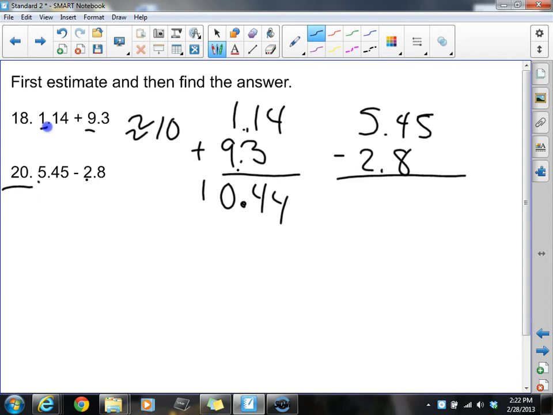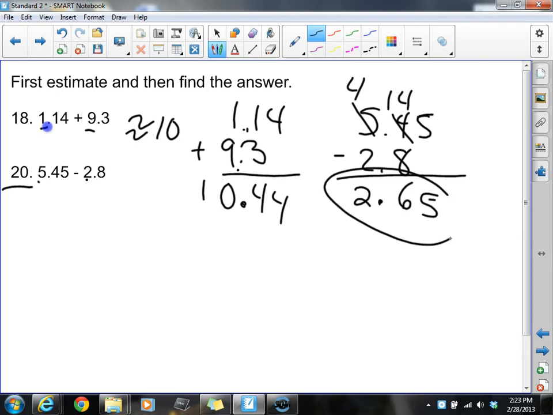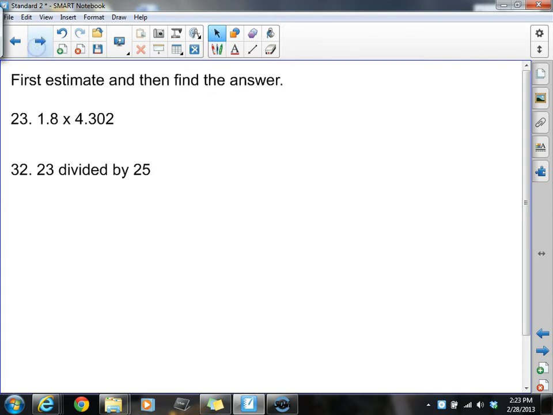So I'm going to subtract. 5 minus 0 is going to be 5. Oh, I can't do that, so I'm going to have to regroup. So this becomes a 4. This becomes a 14. I subtract, that's going to be 6. That's going to be 2, and I bring down my decimal. So right there, ladies and gentlemen, I just subtracted the decimals. Once again, the key is line up those decimals.